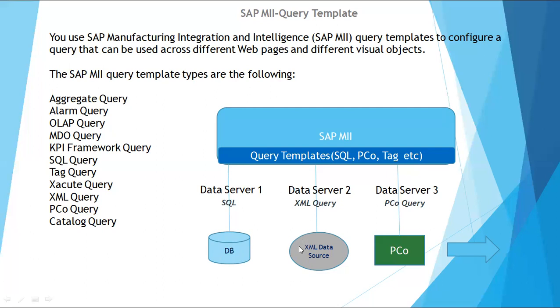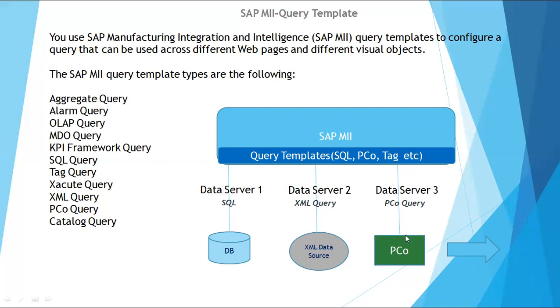Suppose you have an XML source. You have to create a data server of type XML connector, and after that, using that XML connector, you can retrieve the data by writing an XML query.